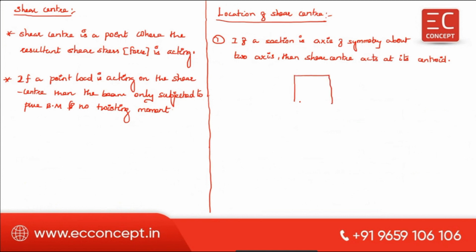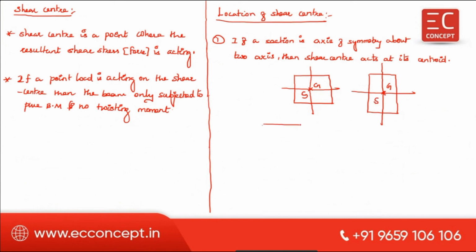For example, a rectangular or square section. This square section is symmetric about both axes. So this is the centroid point, G. The shear center also lies on the same point, that is S. Similarly for a rectangular section, this is the shear center, and G is the centroid.